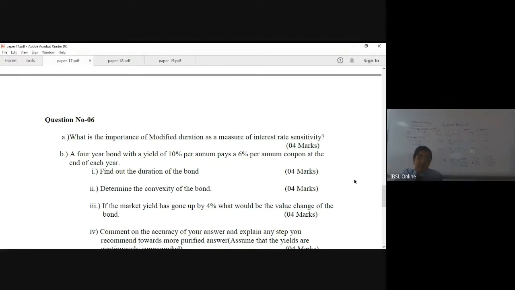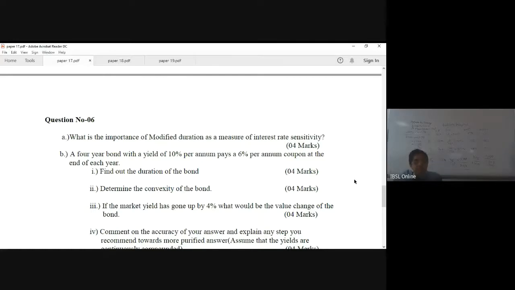So that is the end of the first year's cash flow. The present value of the end of the first year's cash flow would be 60 into e to the power minus 0.1.